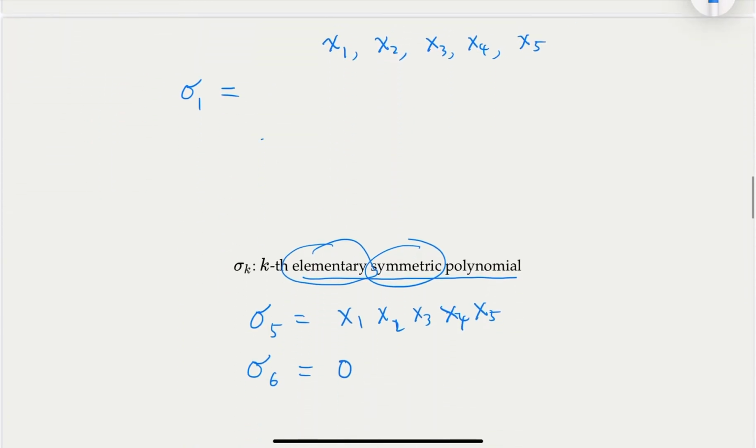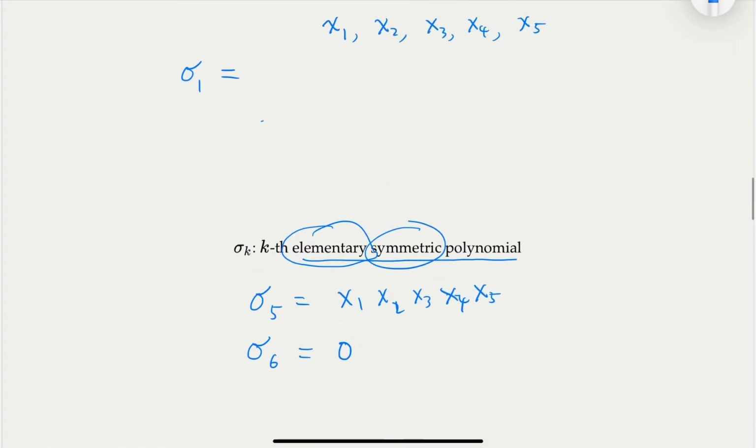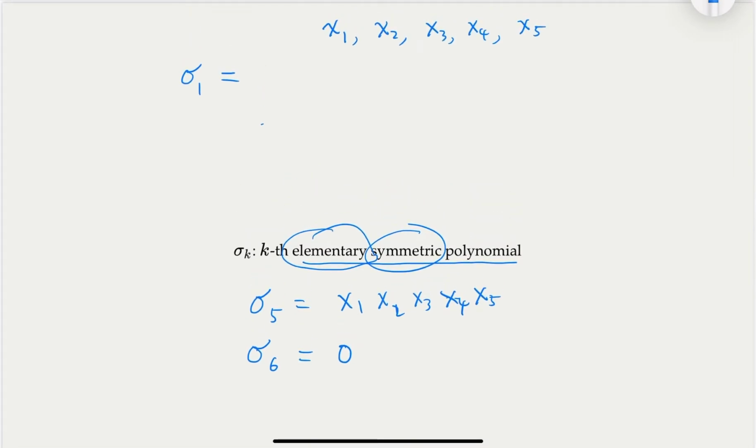Okay? So for the 5, sigma 1 would mean what? You choose 1 and then you add them up. It's going to be the sum x1 plus x2 plus x3 plus x4 plus x5. So what is sigma 2? Pairwise. For the pairwise, it's going to be 5 choose 2 possible pairs, right? So you can add them up: x1 x2, right?